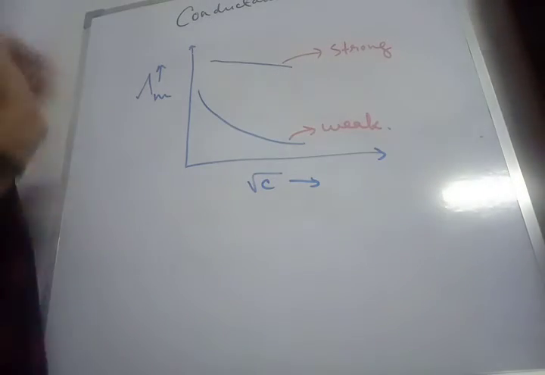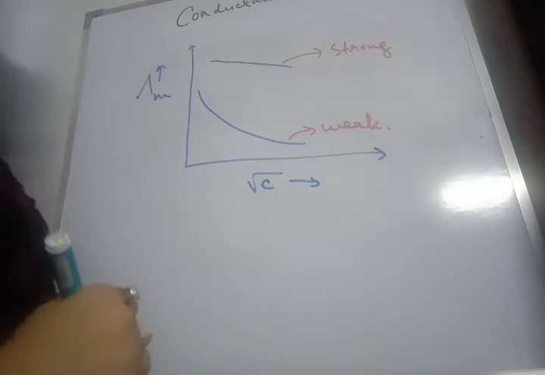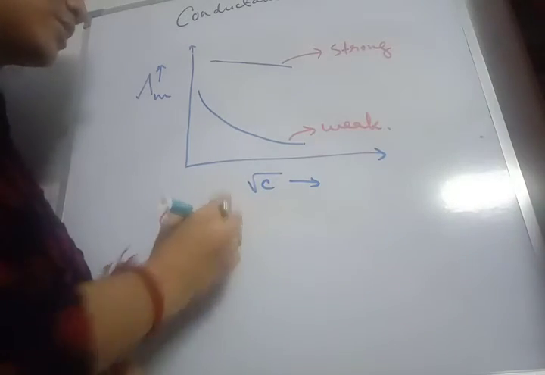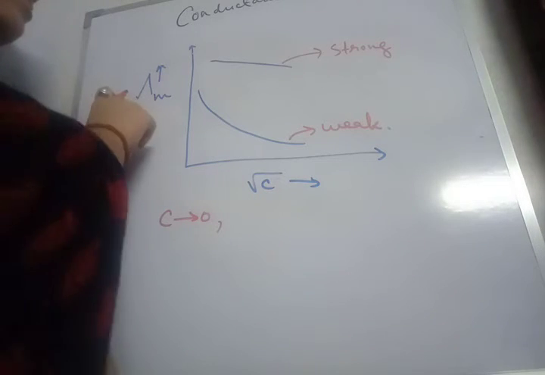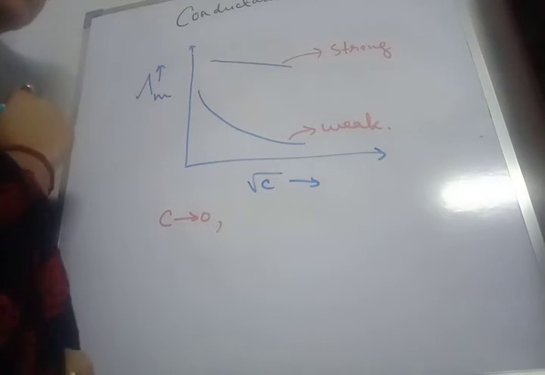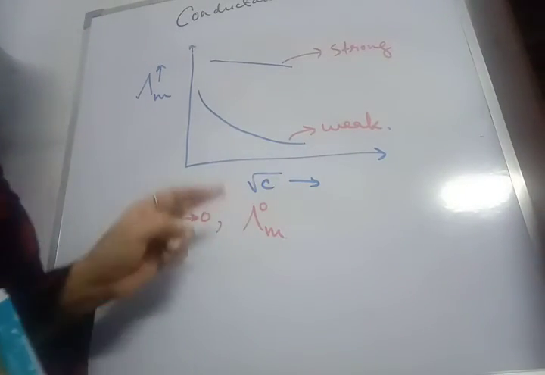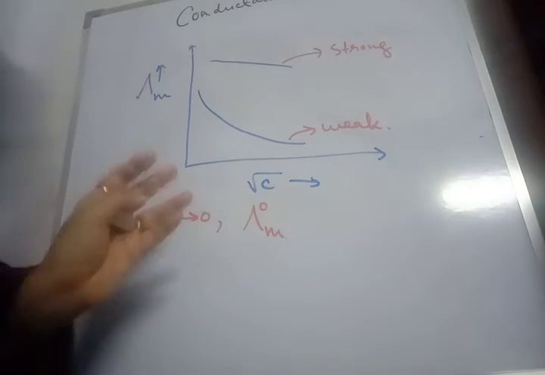Now at infinite dilution, when concentration tends to 0, the molar conductance reaches a limiting value, known as the molar conductance at infinite dilution, denoted as lambda m0 or lambda m infinite.